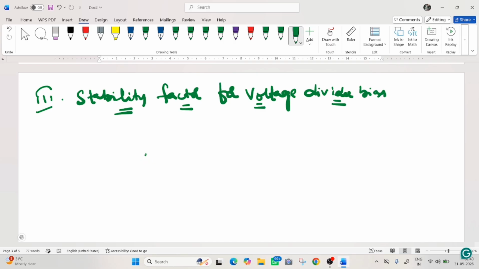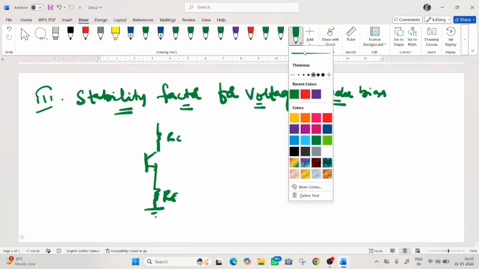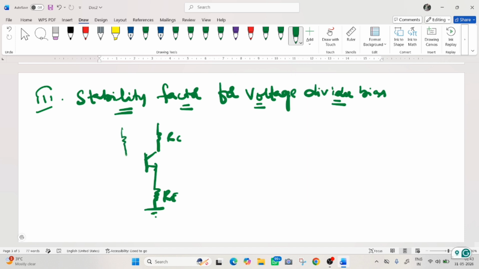So how to draw this one? Again, we will prepare the common input. Here we will use RB and then RC. Now here let me indicate this as R1, and here it is R2.